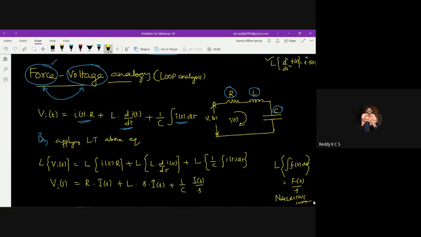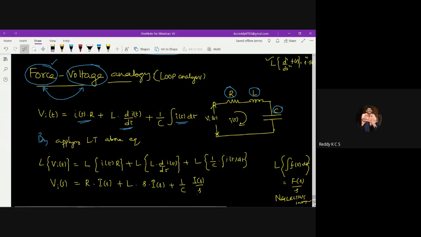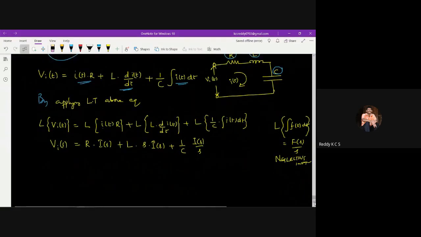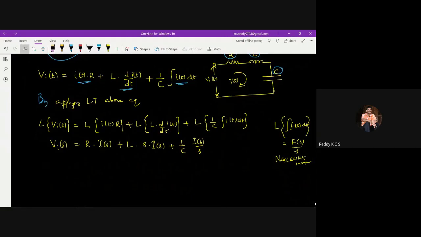Now, if I want to compare this force and voltage equation, the F-E analogy, without bringing them into the same form, then we cannot compare them. Comparing in the same form means s square into X(s). Here there is no s square term. We have an s term and a 1 by s term, but no s square term, so we cannot compare. F(s) is equal to m into s square into X(s), plus b into s into X(s), plus k into X(s). So there is an s square term and an s term there, but in this equation there is no s square term.